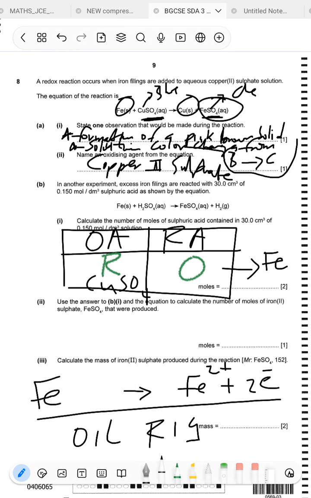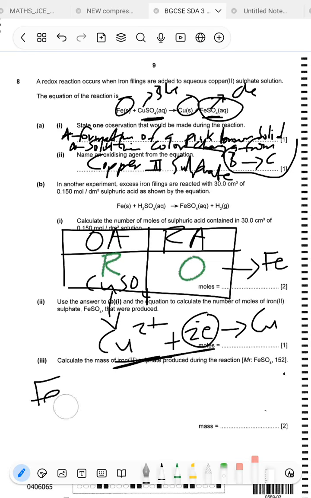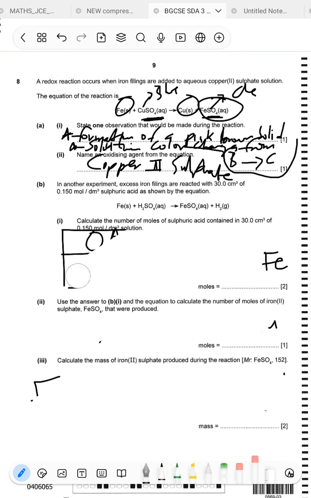Remember, the copper changes from copper ions to copper atoms by gaining electrons from this guy. Oxidizing agents take electrons from other substances. All right, let's remove all this explanation. I hope it helps. Remember, we don't just answer the questions, we also explain why the answers are what they are.